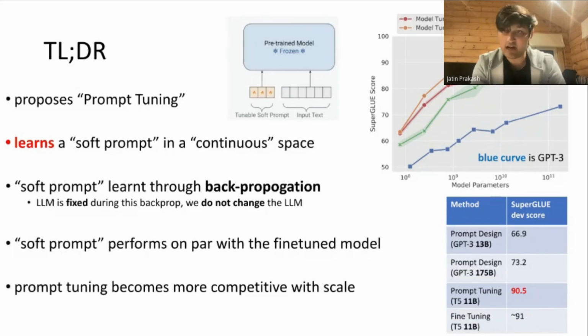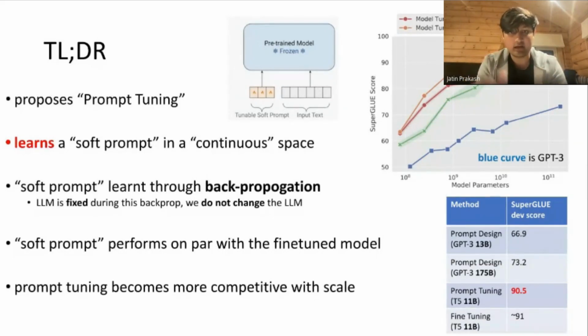The graph on the right gives a very good high-level summary of the paper, and the trend can be summarized. This blue curve is actually GPT-3. The orange and the red curves are the fine-tuned model. So let's say you pick a question answering task. You just fine-tune your model on this specific task only. However, this green curve is where you fine-tune only this continuous prompt.